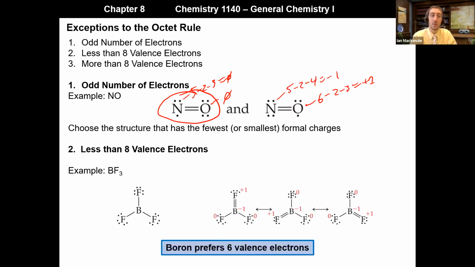So it turns out that boron actually prefers just 6 valence electrons. So we would choose to draw the structure on the left as the normal Lewis structure for BF3. Because boron in all cases prefers to have only 6 valence electrons, if we're able to draw a structure where it has only that many.